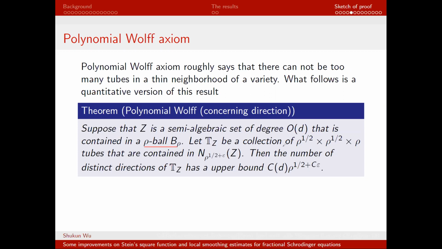We let T_Z be a collection of tubes, which is something like this. So you have radius rho to the half and length rho. And all these tubes are contained in the same neighborhood of Z. Then the number of distinct directions of tubes in T_Z has an upper bound, which is some constant depending on D, times the main term rho to the half.